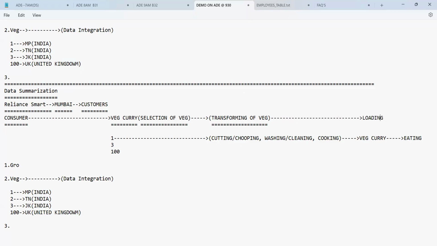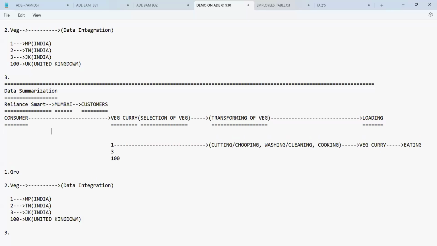Now if you apply the same thing to data, the process of selection of vegetables becomes extraction of data. Then you have transformation of data.